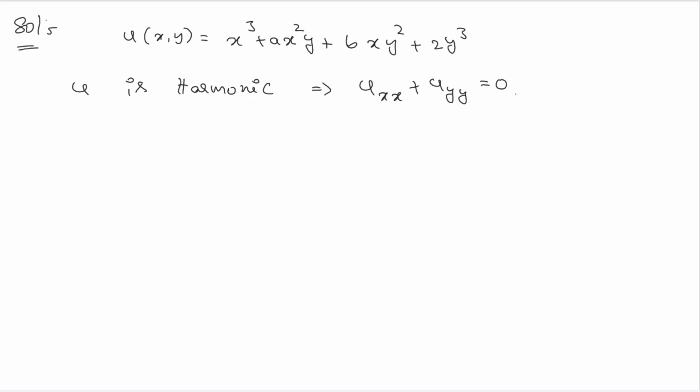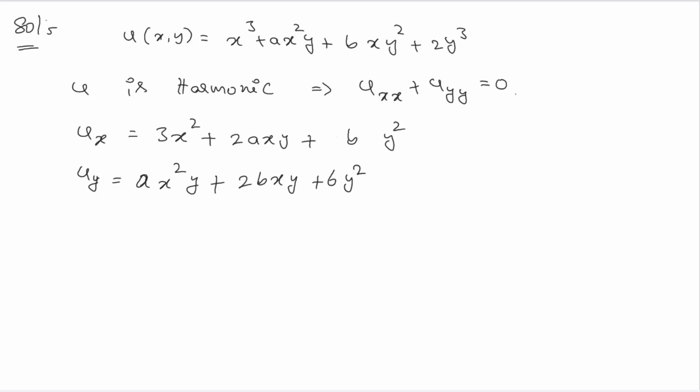So now from this we see uxx. Firstly we see ux and uy here. ux is 3x square plus 2axy plus b y square, and uy is a x square plus 2bxy plus 6y square.